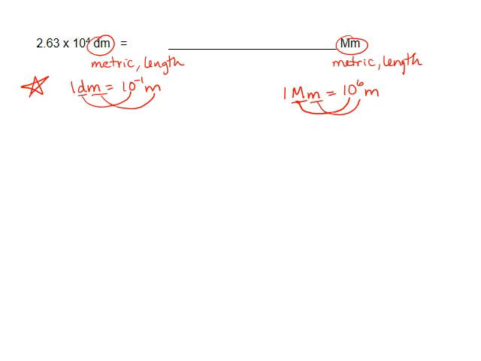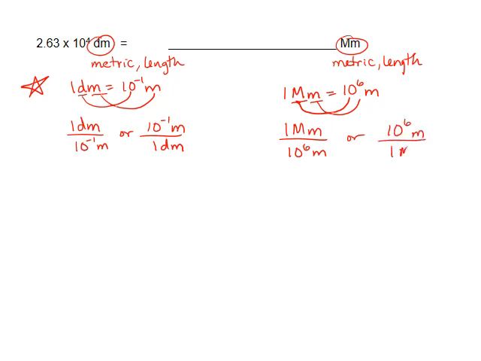From each equality, you can write two possible conversion factors. 1 decimeter over 10 to the minus 1 meters, or 10 to the minus 1 meters over 1 decimeter. Similarly, 1 megameter over 10 to the 6 meters, or 10 to the 6 meters over 1 megameter.